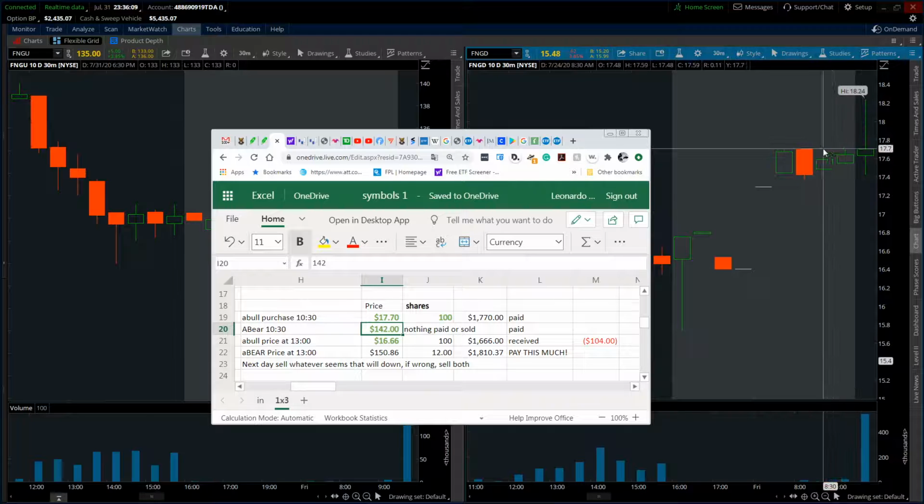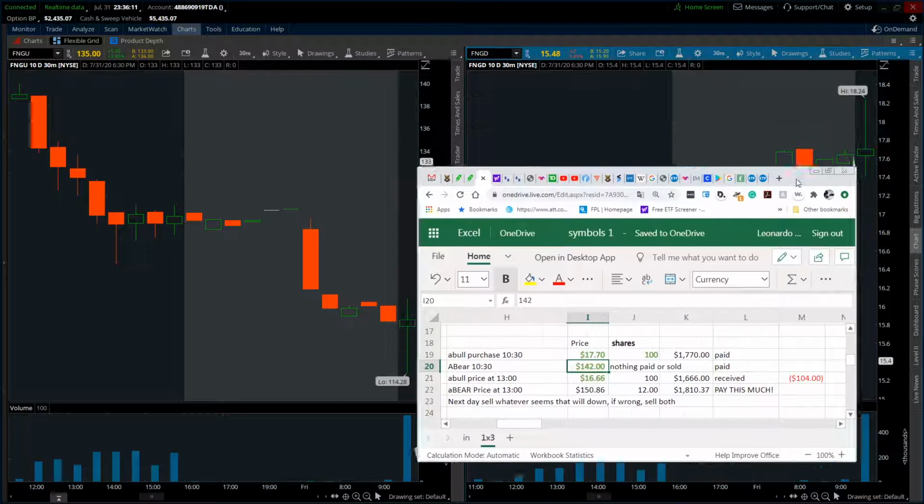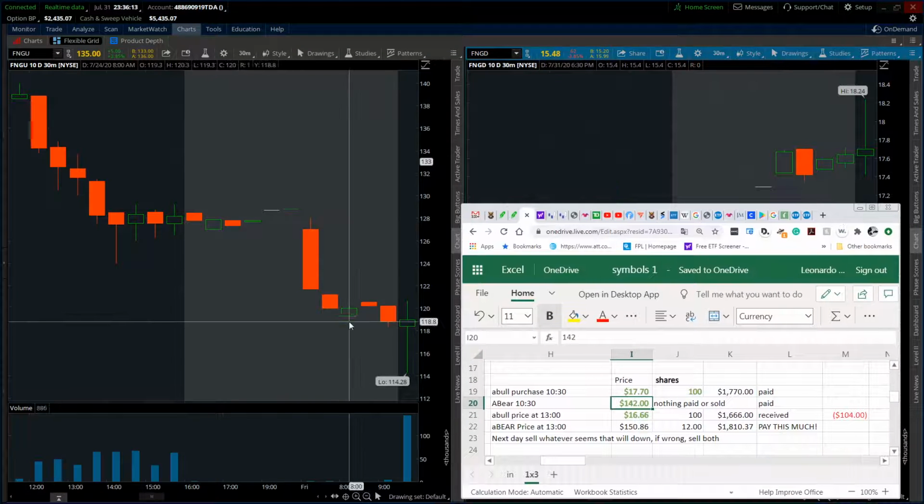No, right here, where you have the flat line. This is not so flat here. So here, let's say it's roughly 118.85.